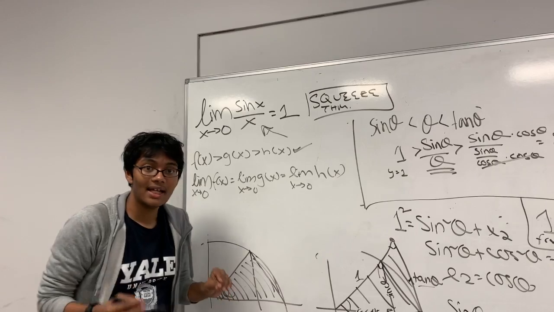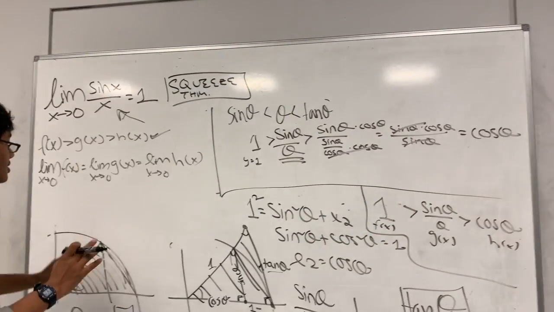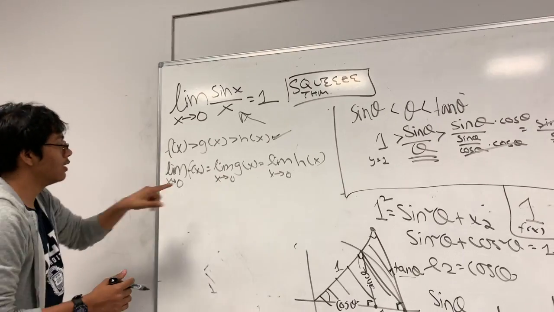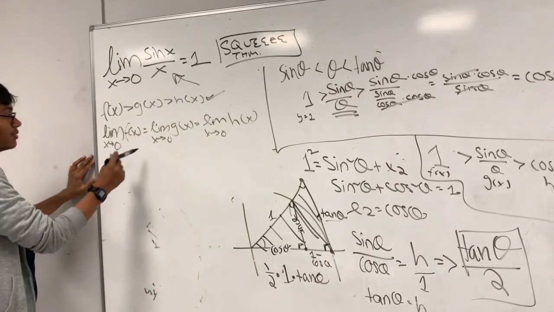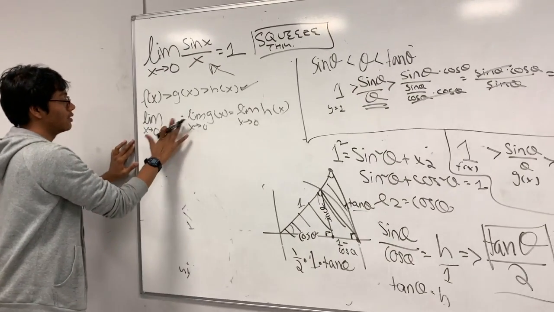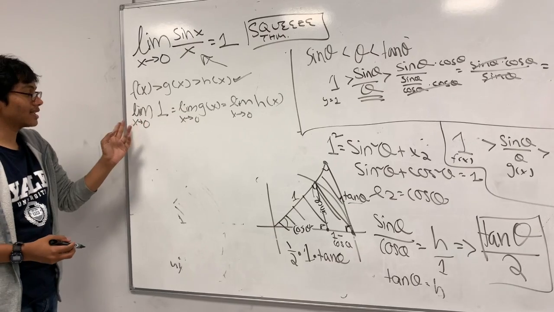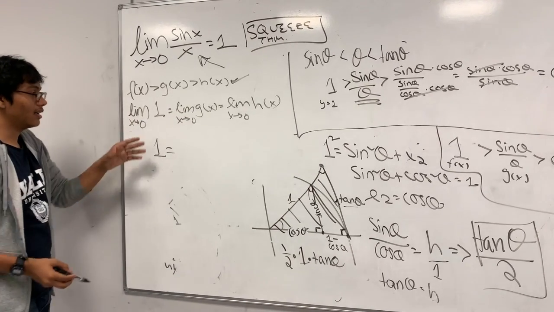And how do I know that? It's because of this inequality, this restrictive inequality. So let me use that to my advantage. What is f of x? If you look over there, you see that f of x is simply 1. Let's replace this by 1. The limit of any constant as x approaches 0 is simply going to be that constant, right?